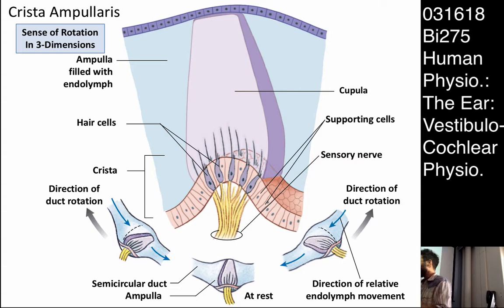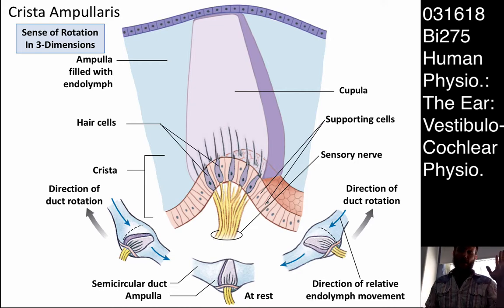If you're moving in the plane that semicircular canal is aligned with, the fluid will rotate along that pathway and bend the cupula either this way or that way, depending upon the direction. That then returns information to the brain about this motion of rotation in 3 dimensions.